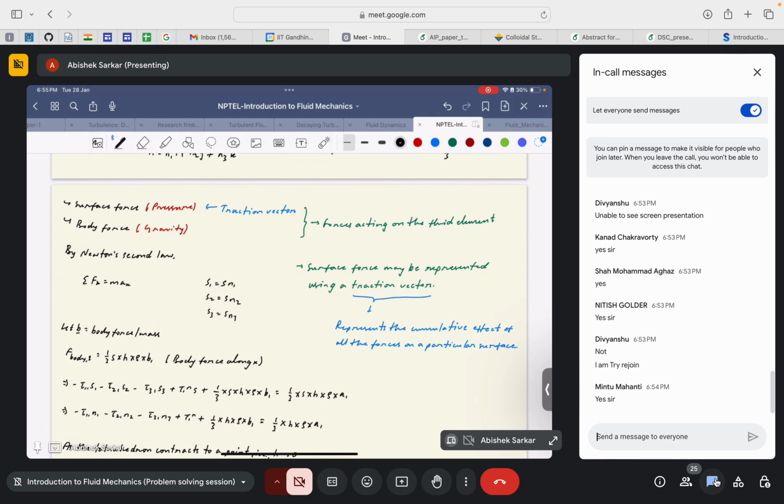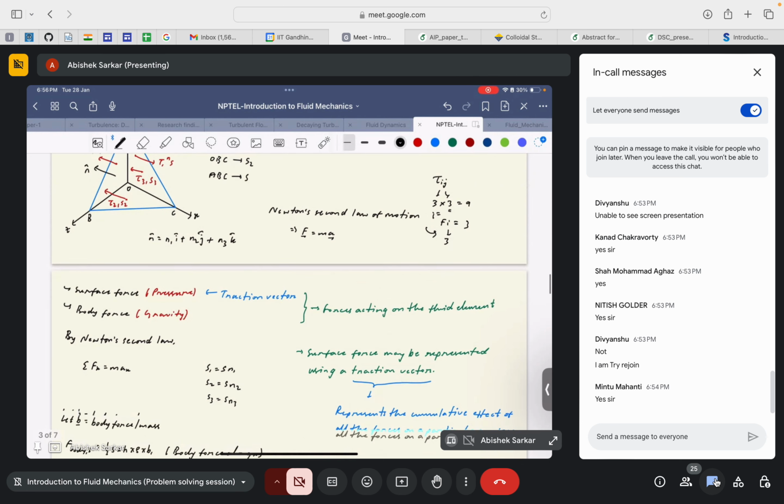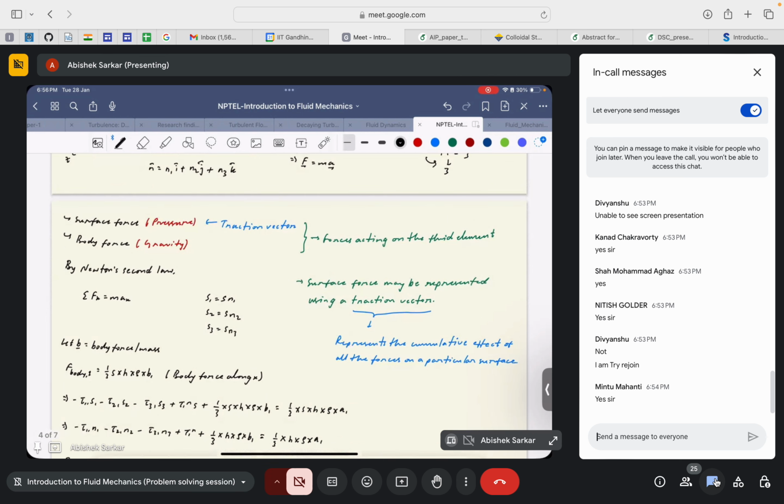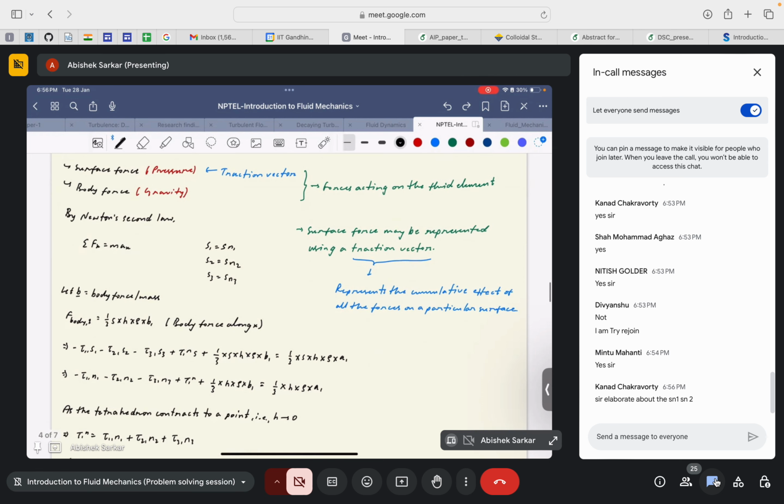To understand that, we try to do a force balance for this tetrahedron shaped fluid element. The surfaces S1, S2 and S3 can be denoted as Sn1, Sn2 and Sn3, showing the projection of the surface S along the n1 direction, that is, the component of the normal vector along the x direction.